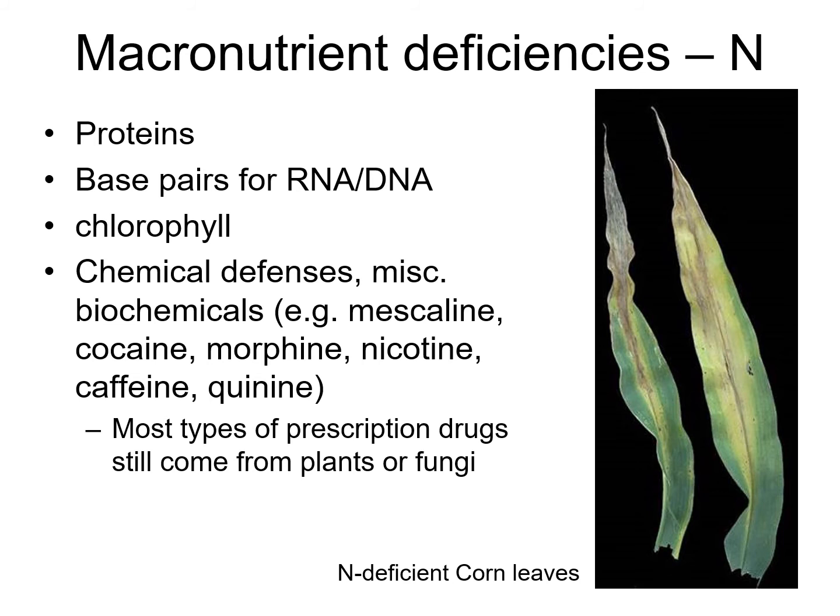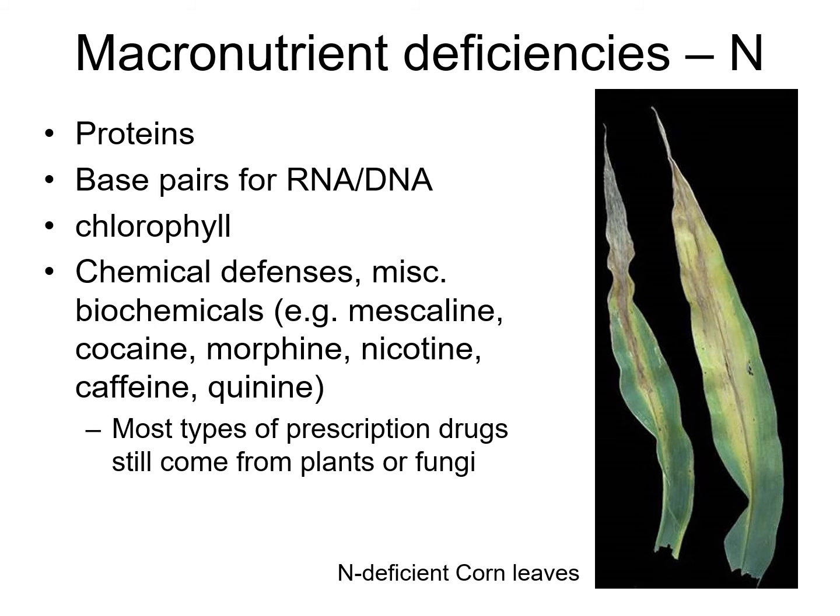Nitrogen is also important for chemical defenses, so a whole range of different biochemicals, things like mescaline, cocaine, morphine, nicotine, caffeine, quinine. These are all compounds which are used by humans, and we're going to come back to this in the medicinal plants lecture, but these are all alkaloids which include nitrogen in their molecular structure.